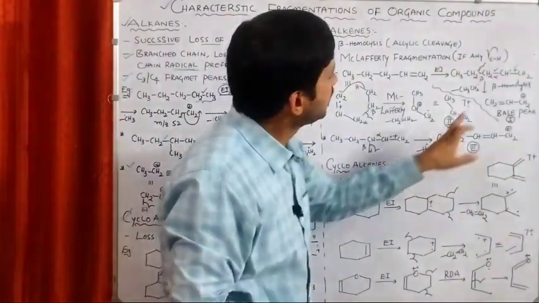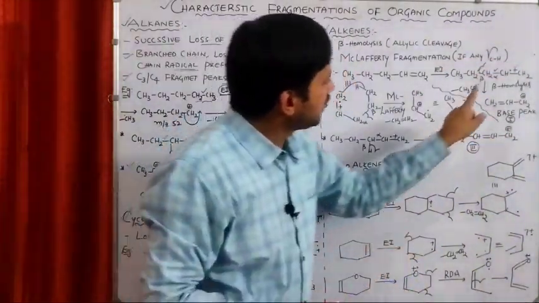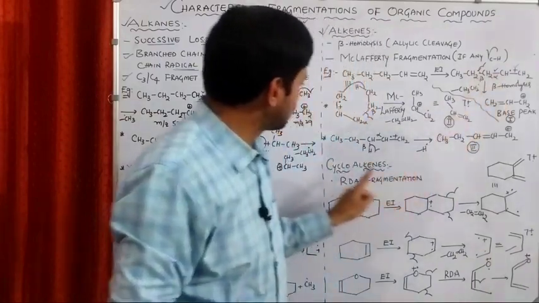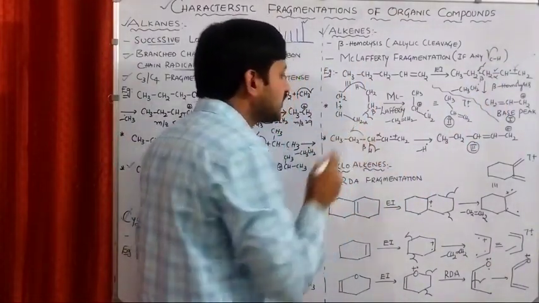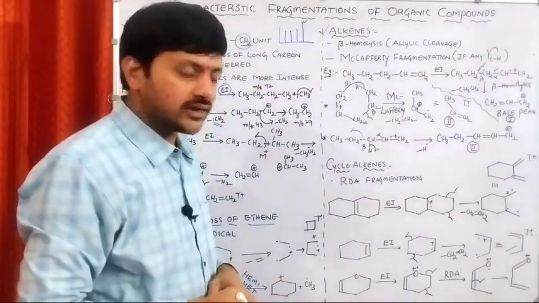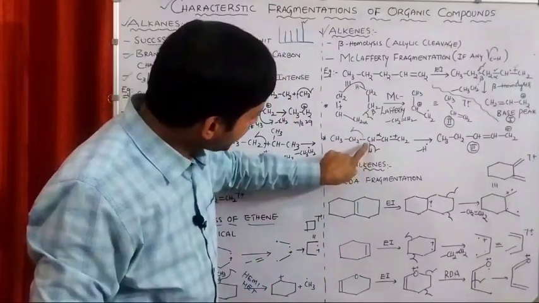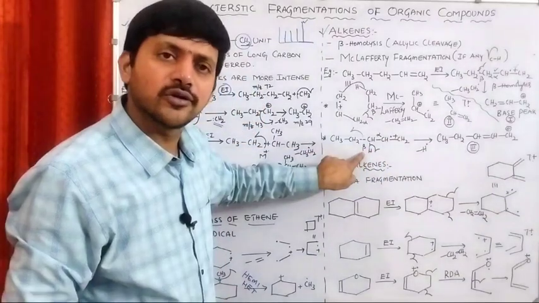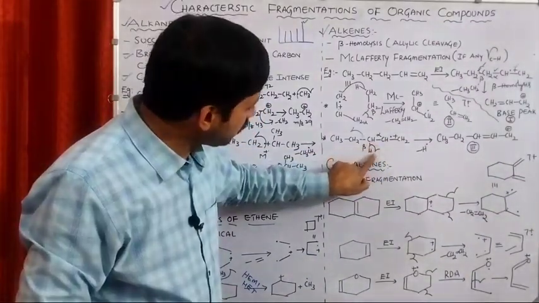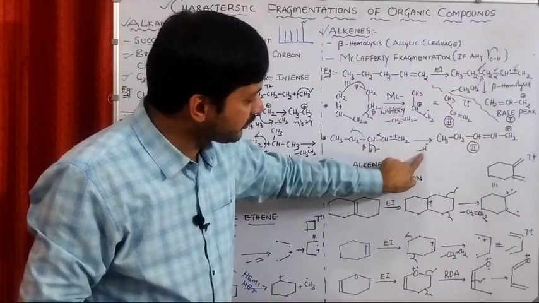Suppose I write this particular moiety in this way. In the previous case, what happened? I did the homolytic cleavage at this beta bond. With respect to this particular bond, the C-H bond is also a beta bond. So if I do the homolysis here, an H radical will be removed.